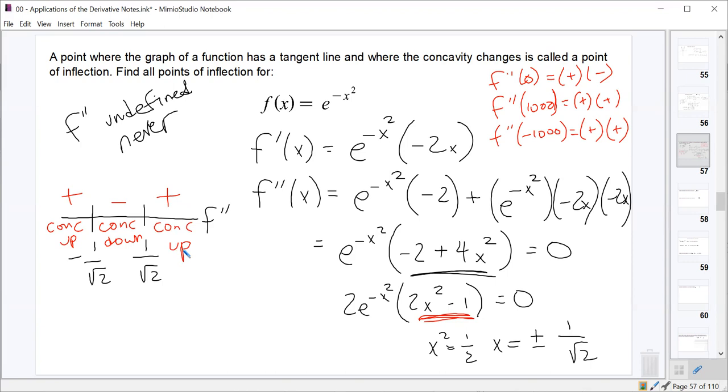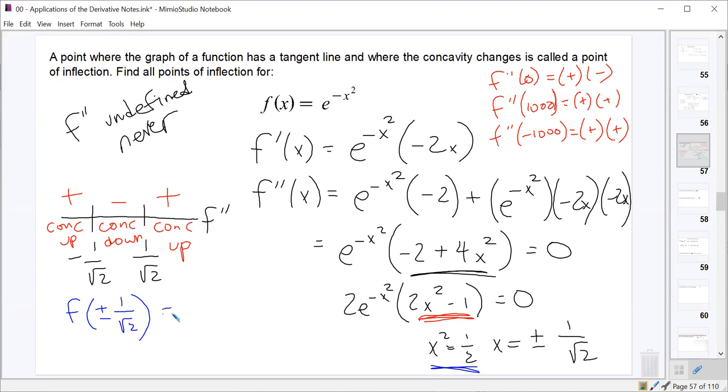And that tells us that we must have points of inflection at both negative 1 over root 2 and positive 1 over root 2. And we're going to evaluate the original function at both of those values. And I'm going to just do them both at the same time, which is perfectly fine here, because what am I doing to them both? I'm squaring them both. So they're both just going to become a half when I square them, because we saw x squared is a half.